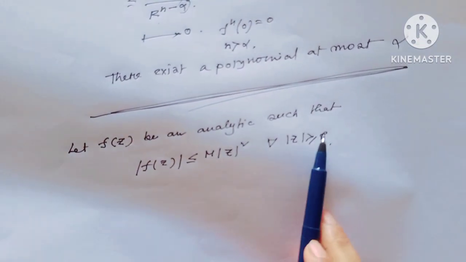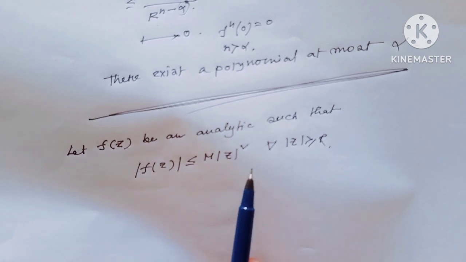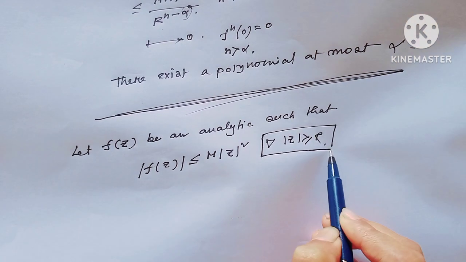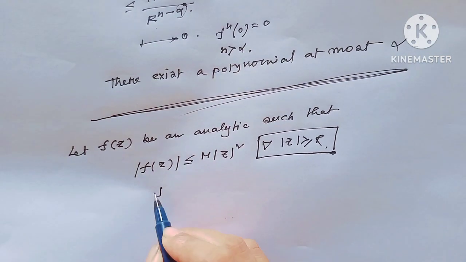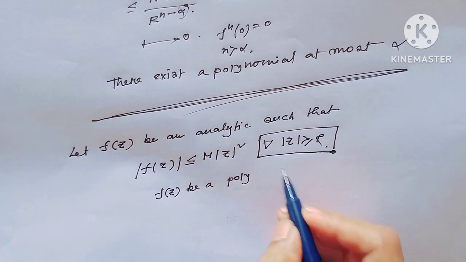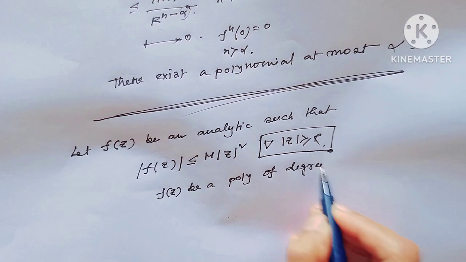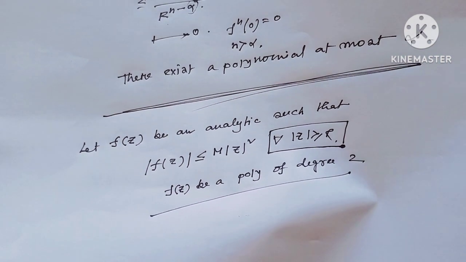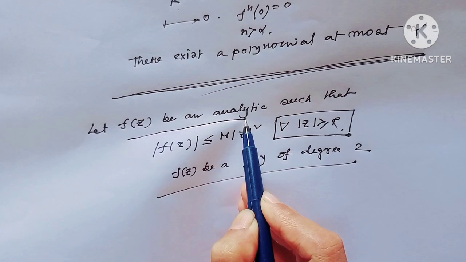Let f(z) be analytic such that mod f(z) is less than or equal to M times mod z whole squared, and this is true for all z greater than or equal to r. Then obviously f(z) is a polynomial of degree 2. Is it a correct answer? At first think. Just think. Here f(z) is analytic.